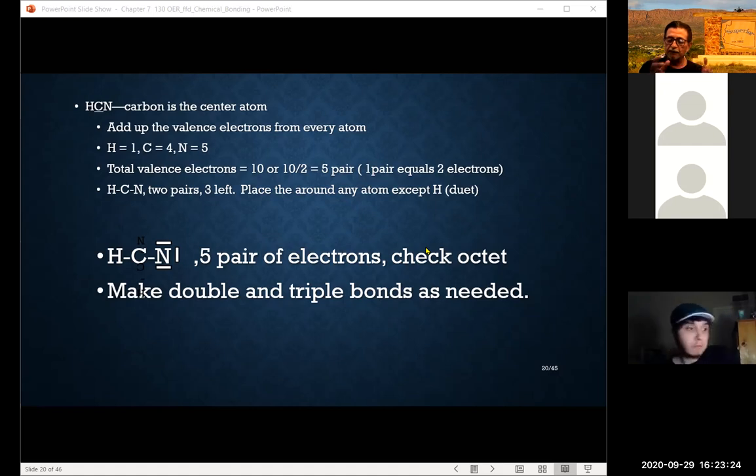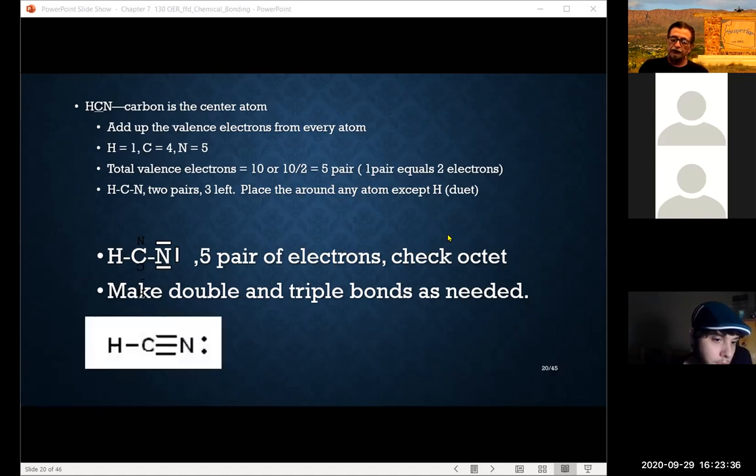Triple bonds is the max you can do. Okay, you won't find anything with a quadruple bond. It's either single, double, or triple. Okay, and by playing with electrons, you end up with that particular structure. And you can see again that we got a triple bond involved between the carbon and nitrogen.